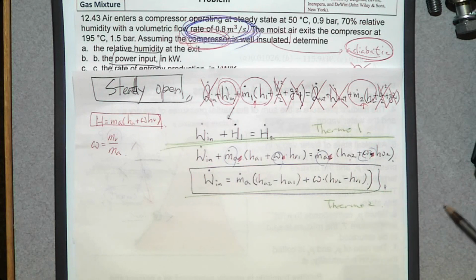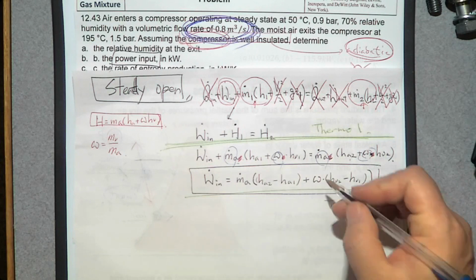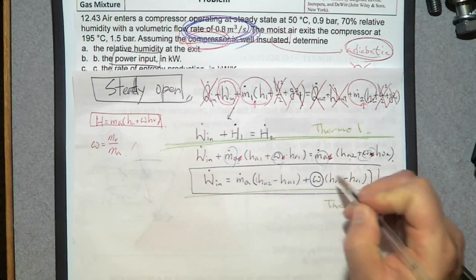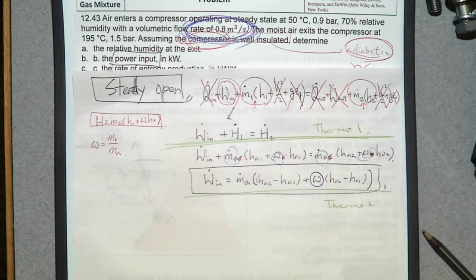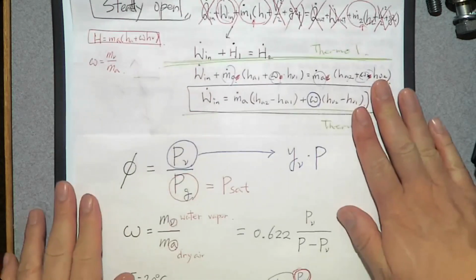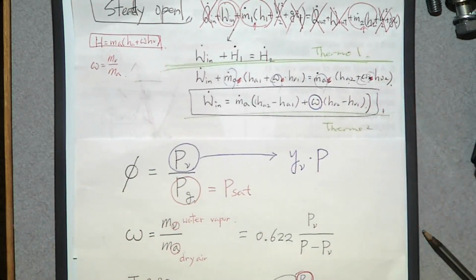So the only thing that is missing here is the humidity ratio. So let's determine this humidity ratio. How do we determine it? There were two equations. You may remember these two equations: phi, the relative humidity, is PV over PG, and omega is 0.622 PV over P minus PV.